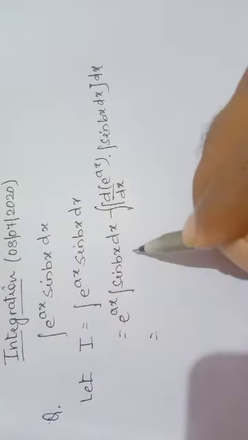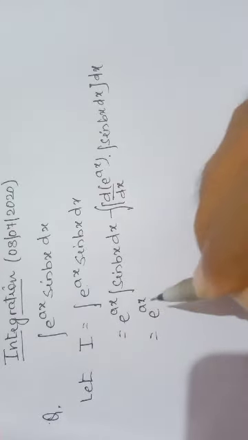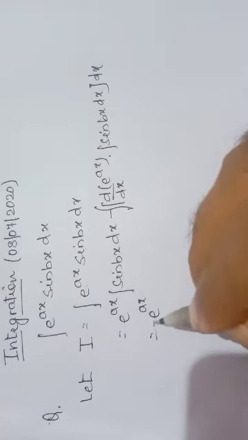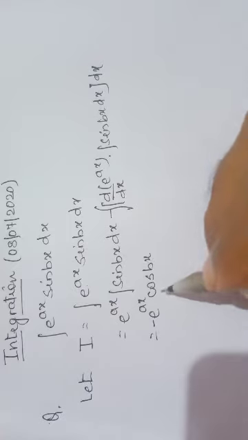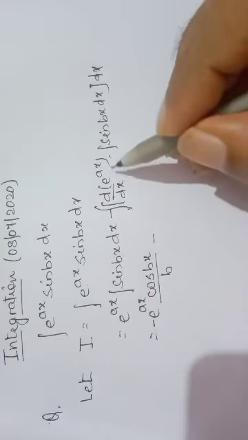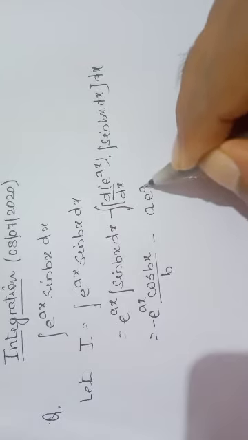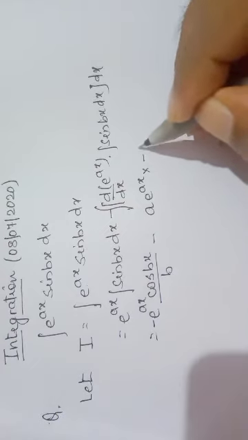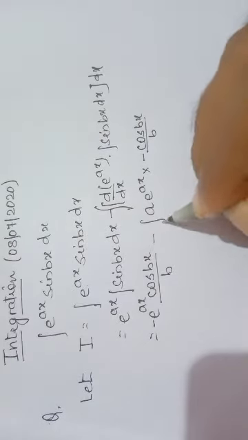Now integrate and differentiate here. e to the power ax, integration of sine is minus cos, so it should be minus cos bx, and here the coefficient of bx is b, so divided by b. Minus differentiation, so differentiation of e to the power ax should be a into e to the power ax into minus cos bx upon b and its whole integration.